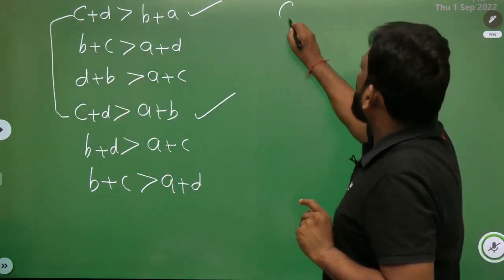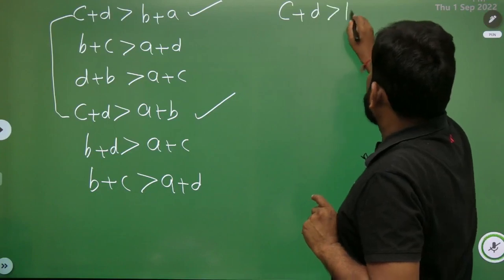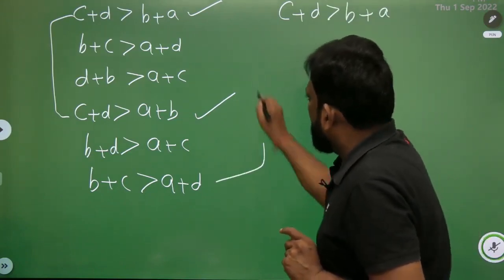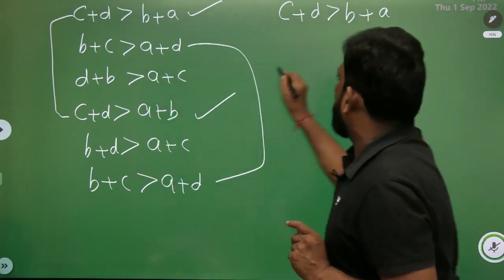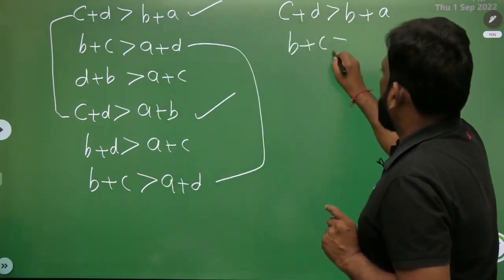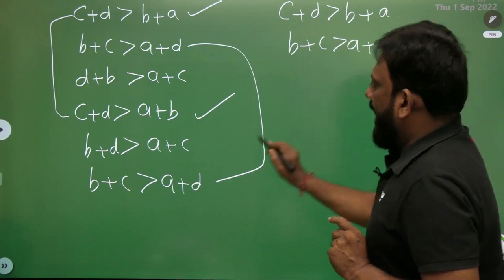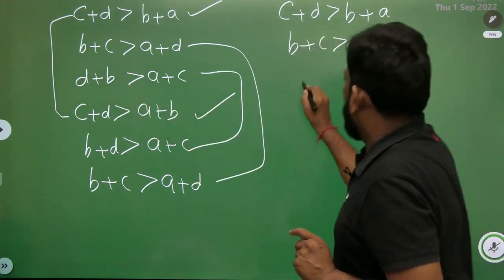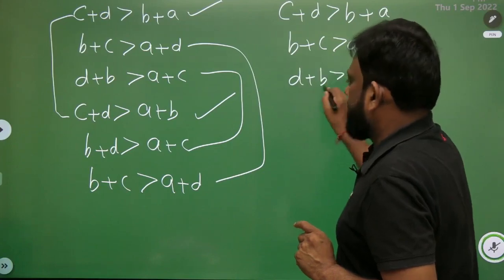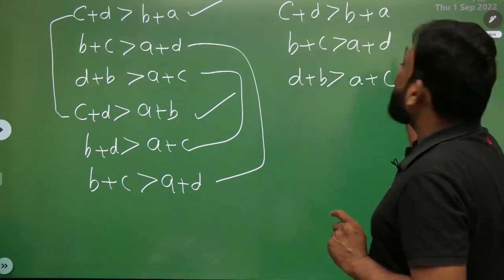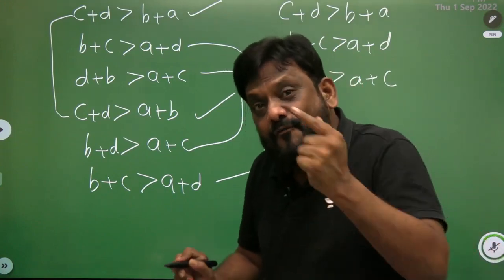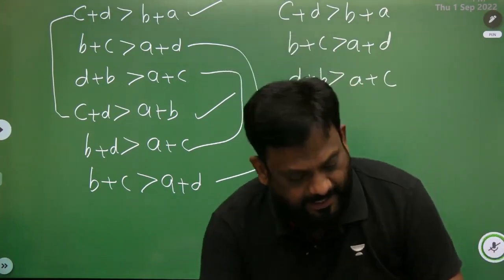So let me put these two as one only: C plus D is greater than B plus A. Now you see, B plus C is greater than A plus D. Wonderful. And one more thing, you see this one, D plus B is greater than A plus C. These are the three distinct conditions obtained when one of the links is rotating completely.